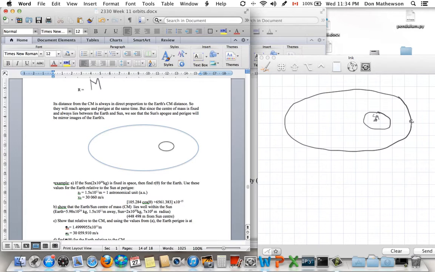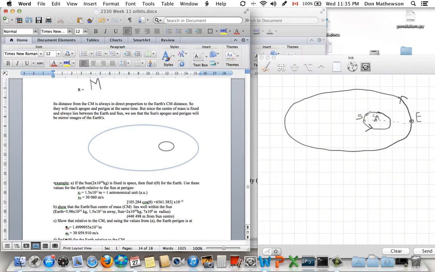And then the Earth is out here going around on its ellipse, and exactly opposite, because the center of mass has to lie on the line connecting them, is the Sun doing its ellipse around the center of mass. And as the Earth moves around like this, the Sun follows it around on its ellipse, so that they're always on a line. The line connecting them always passes through the center of mass.